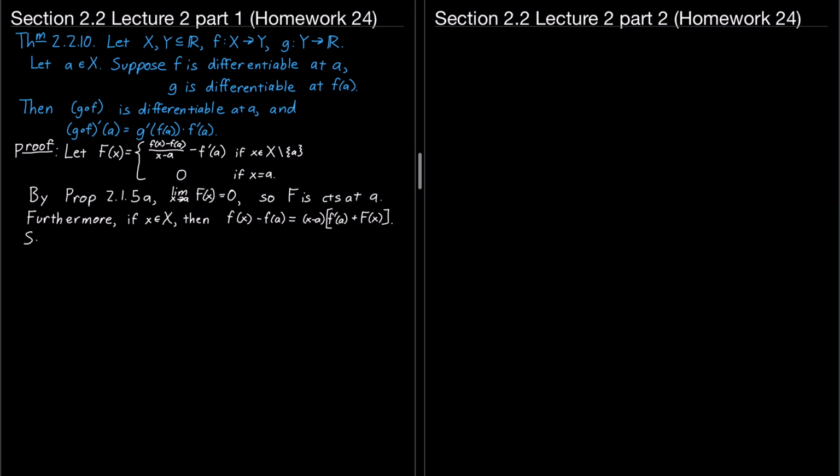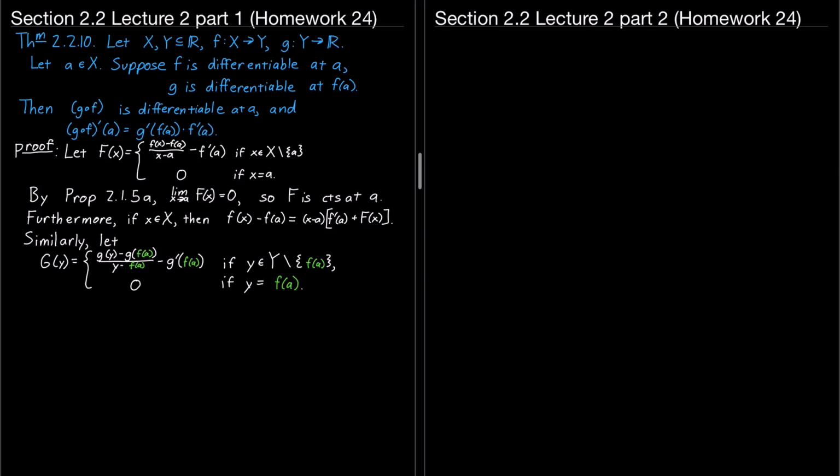And then similarly, we're going to let the function big G of y, remember, g has domain big Y, be g of y minus g of f of a over y minus f of a, then we subtract off g prime of f of a, if y is in the domain of g and y is not f of a, and it's going to be 0 if y is equal to f of a.